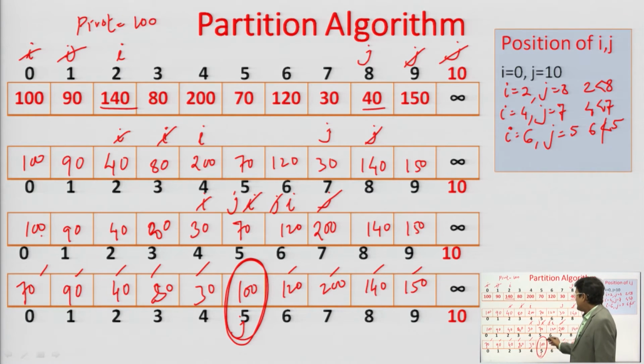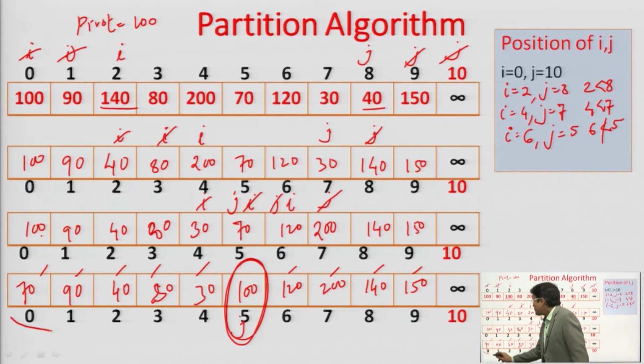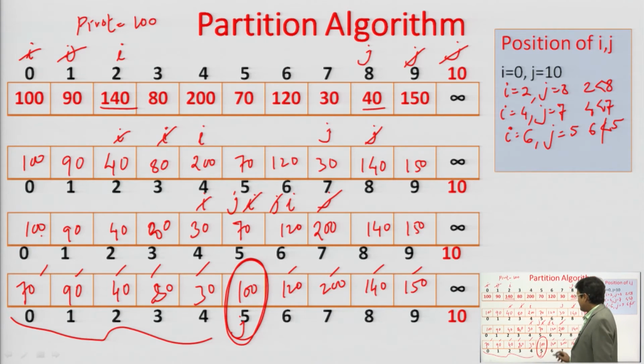One part contains smaller elements than the pivot, and the other part on the right contains elements greater than the pivot element. Now, we can do the quick sort or the partition for the left part of the array and the right part of the array separately.